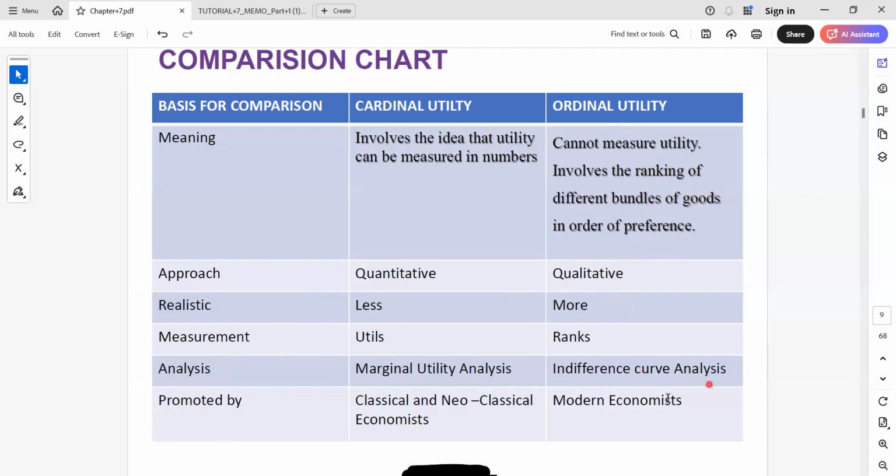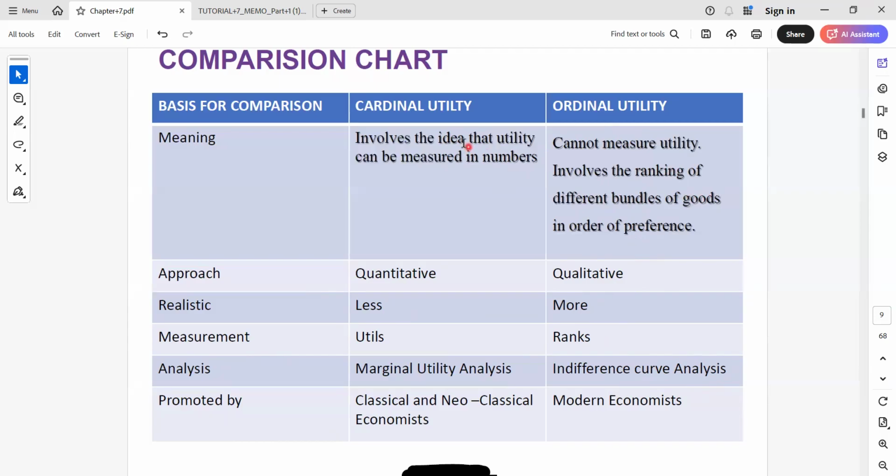And then the analysis is indifference curve analysis. Some of you might know about this, some of you might not, but we're going to do it in chapter 8. We're not doing it now. So here you just have to know this difference, so that if you are asked to differentiate, you're able to say that cardinal utility involves the idea that utility can be measured in numbers.